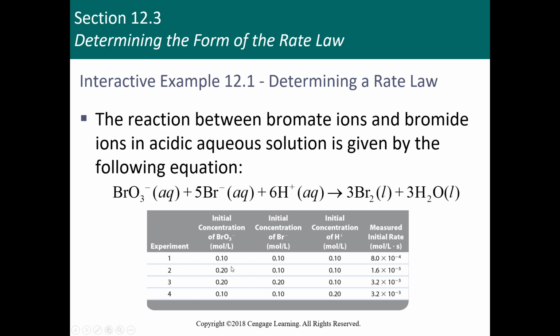All right, now let's look at this one. Runs 1 and 2. Again, we look across and we see this is the same, this is the same. So the only one that changes is this right here, which is the concentration of BrO3 minus. Now, we see that we're doubling that concentration. And that doubling of concentration has the effect of, again, doubling this.